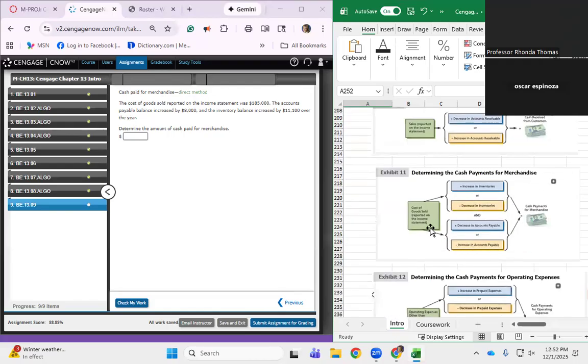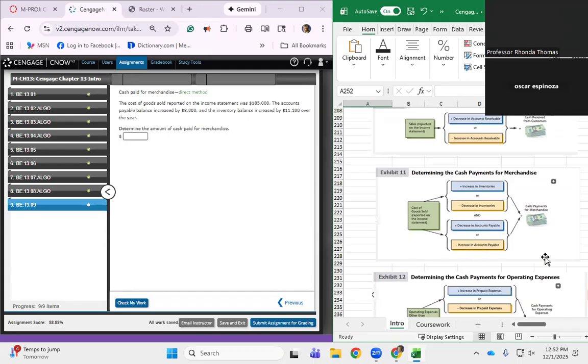Now we're going to take the cost of goods sold, and we're going to add any increase in inventories and subtract any decrease in inventories, and then add a decrease in accounts.